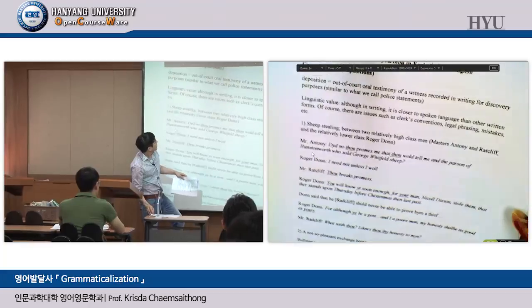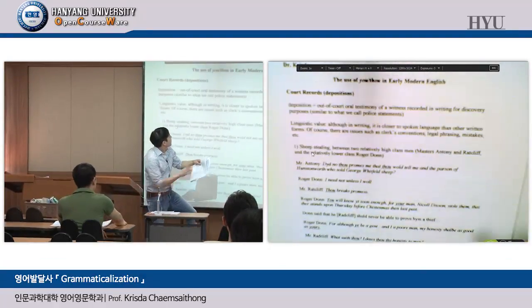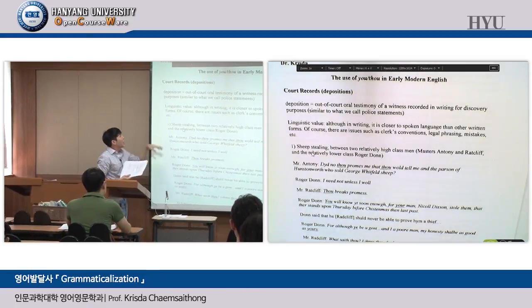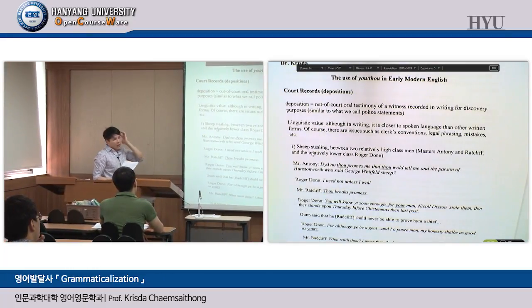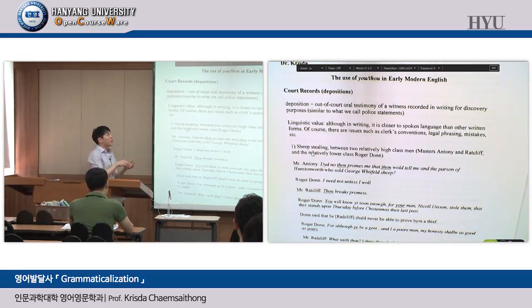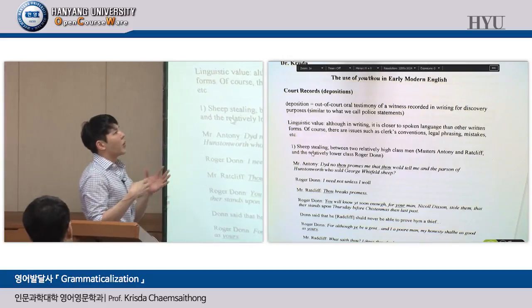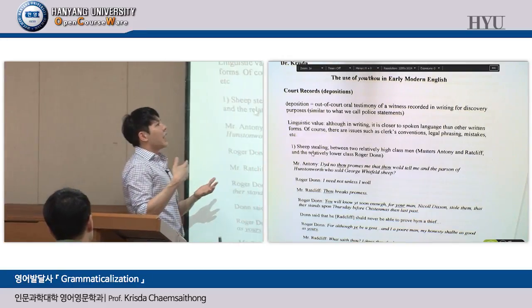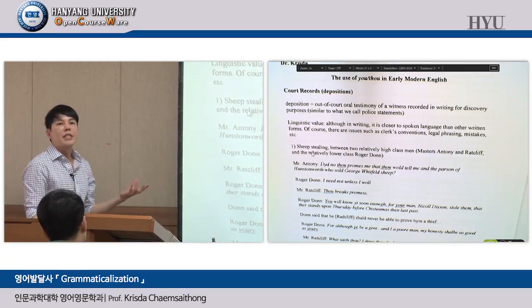So we'll see examples. You saw examples last time from personal letters. Now, this time, we look at examples from depositions. You guys know depositions, right? Depositions are out-of-court oral testimonies of a witness recorded in writing for discovery. In other words, a deposition is like a police statement.